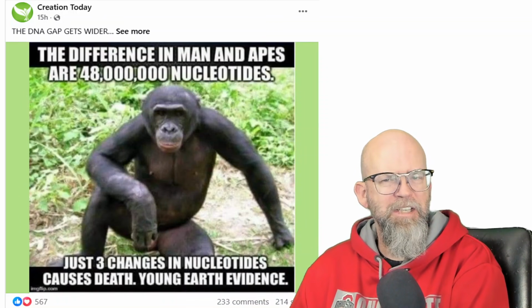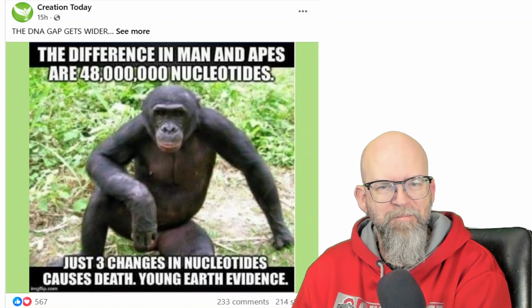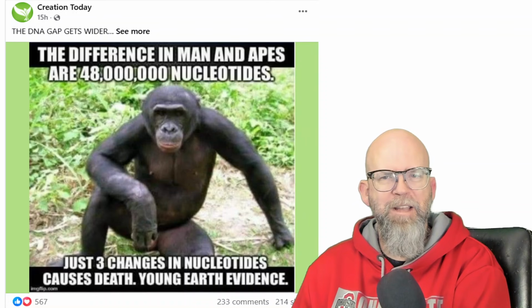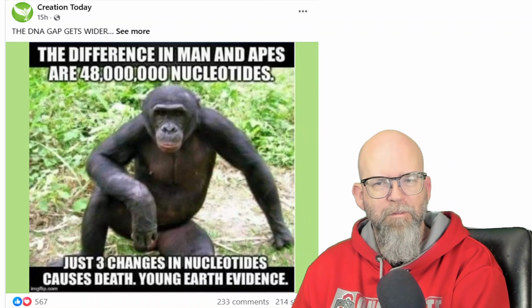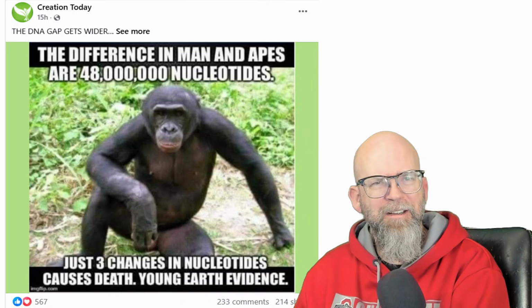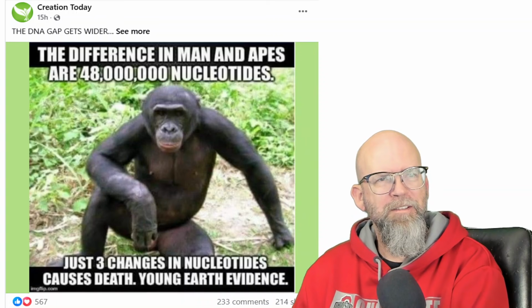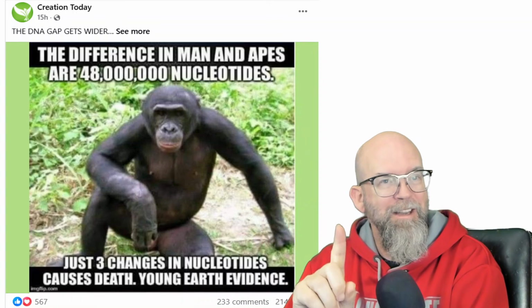And then he tosses in this little thing here: just 3 changes in nucleotides causes death. So if we're 48 million differences apart, then there would have been many deaths over again if we had shared a common ancestor. I guess that's the message. This is young Earth evidence. Yes, a single nucleotide change can cause death.